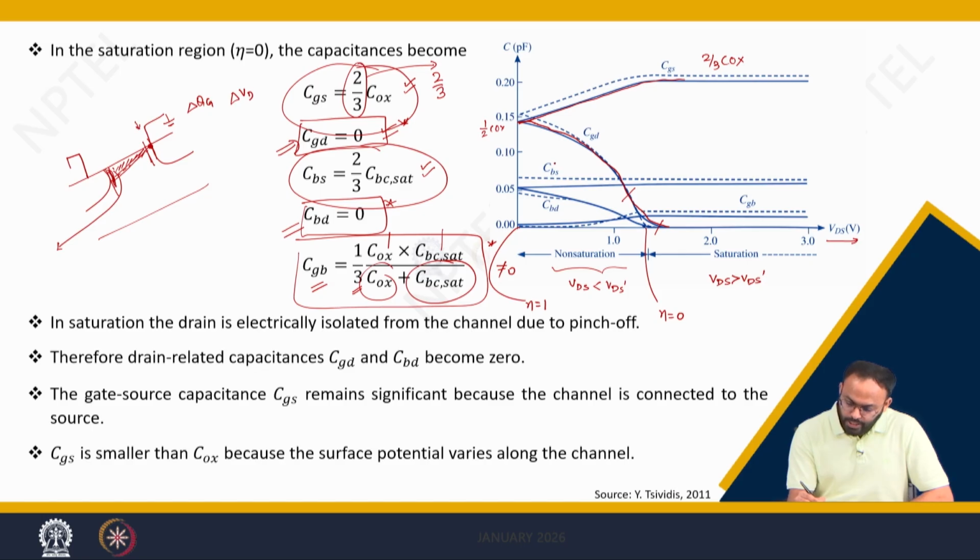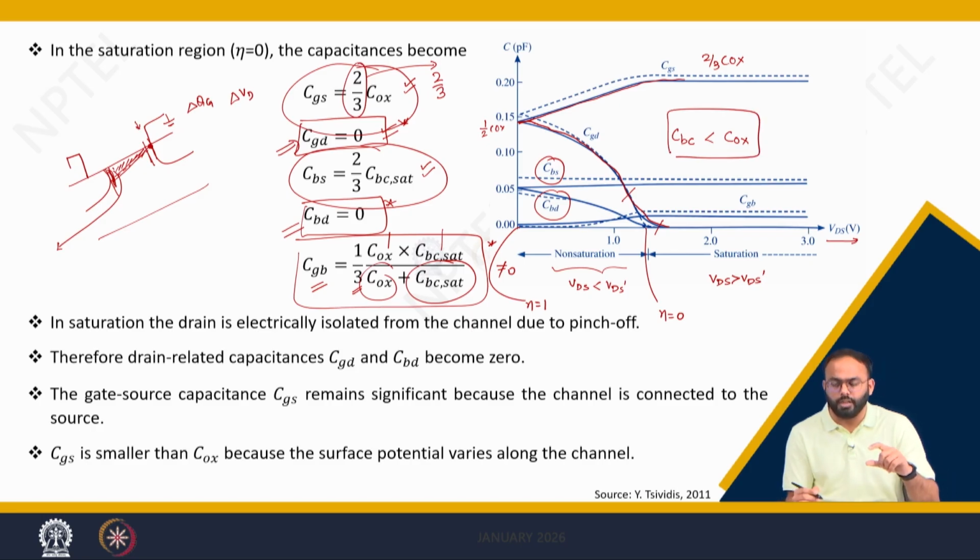Similarly, CBS and CBD can be defined in a similar sense. However, the value of these capacitances will be lesser. We have already argued that the value of CBC is lesser than COX because the depletion region thickness will be higher.